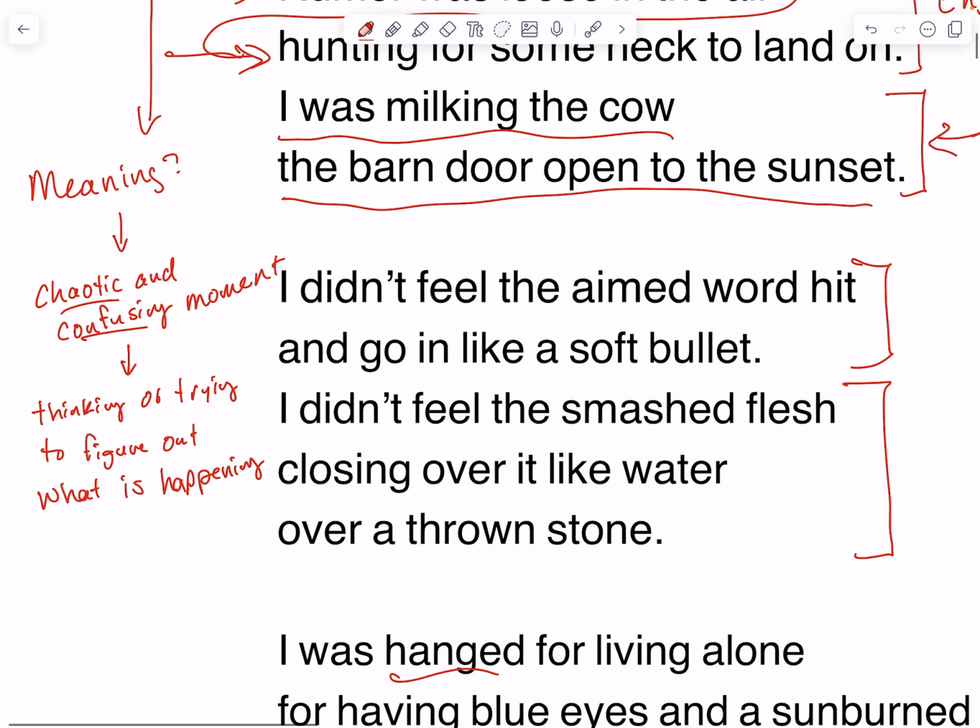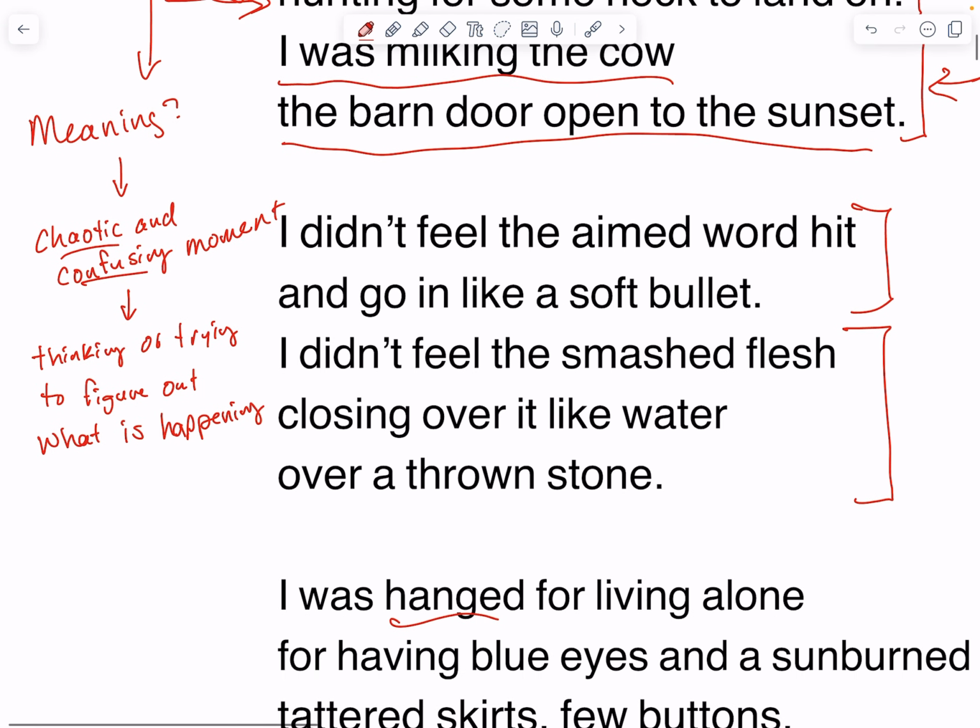We are confused. And when you're confused, you're trying to figure out what is happening. And when you try to figure out what is happening, the facts and thoughts come into your mind piece by piece.